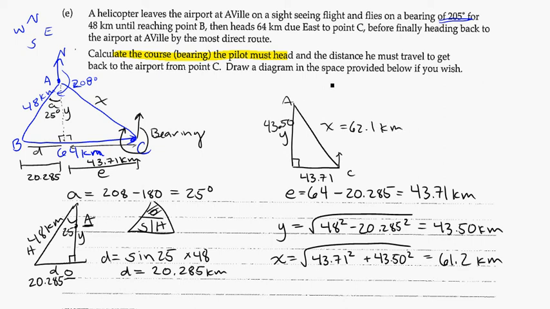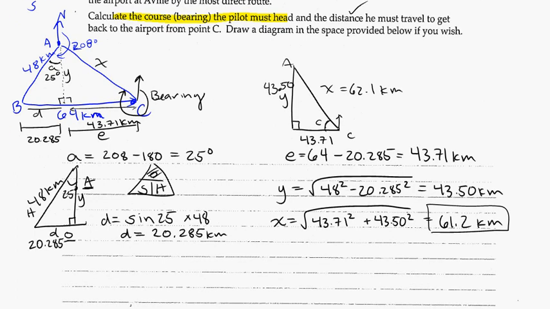So that is going to be the length x here, 62.1 kilometers. That's part of the problem, the distance he must travel. Okay, and we need to know the bearing. So to figure out what the bearing is, we need to get some information here. If we take a look at this, what is something that we could solve that would be useful? What if we solve for that angle? Let's call it C. So for angle C, we have the adjacent side and the opposite side. So for angle C, we can use the tan inverse.